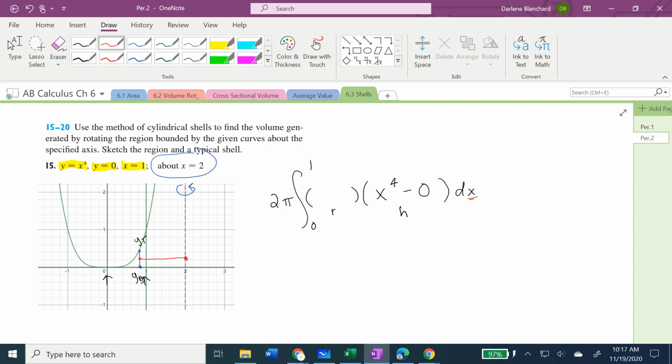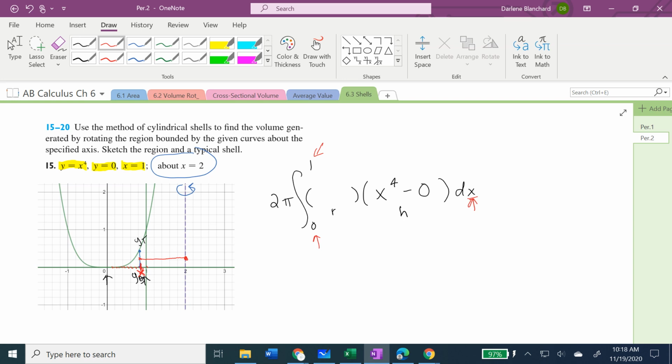So when I'm looking at the length of this radius, I want to realize that x is going to be the variable from 0 to 1. So at any given moment, the x coordinate where I draw that vertical rectangle, that is the x variable of the integral.